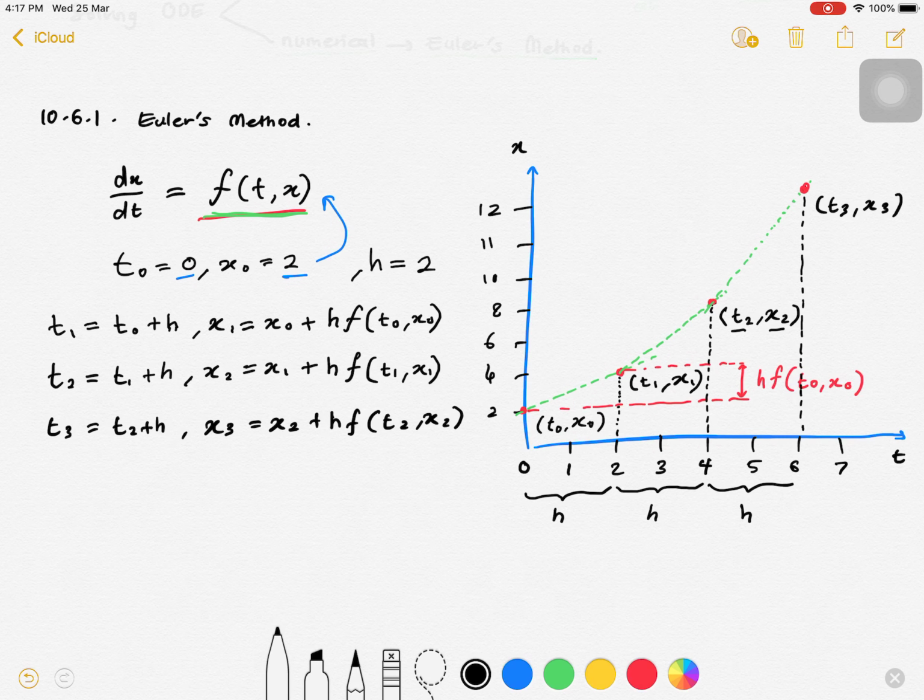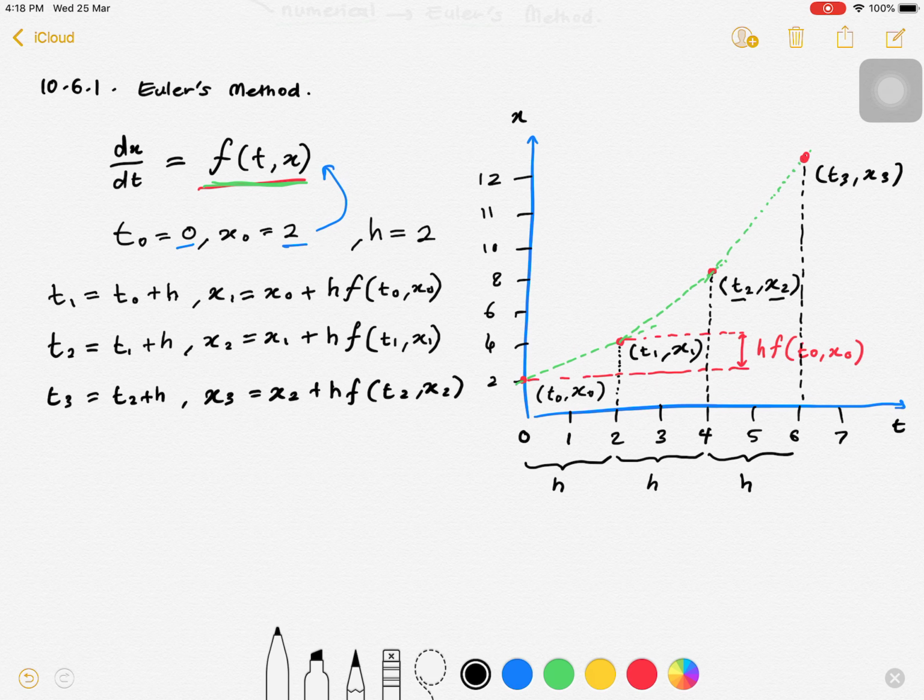So this process can continue until a certain number of steps. For example, we want to make it 100 steps, 1000 steps. It's up to you. So we can continue until n steps, 1, 2, 3, up to the n plus 1 step.